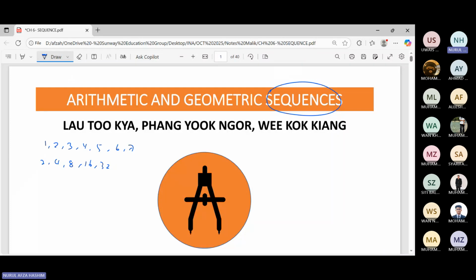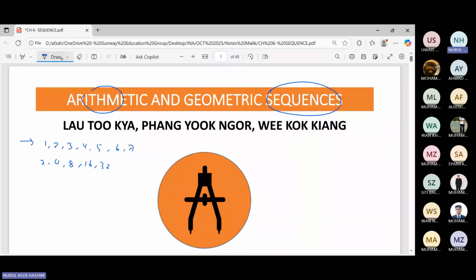Okay, but you have two types of sequence here. It's either arithmetic or geometric. How to identify arithmetic and geometric? Arithmetic is the sequence of numbers where you add the same number each time. If you look at the first sequence here, what is the same number that you add? From 1 to 2, from 2 to 3, 3 to 4, 4 to 5.